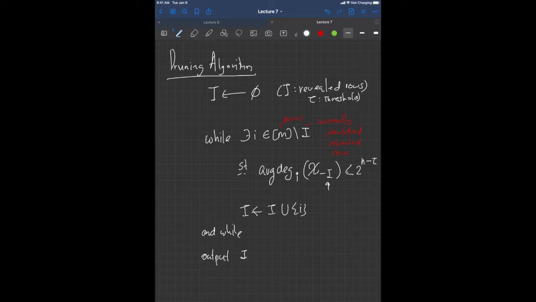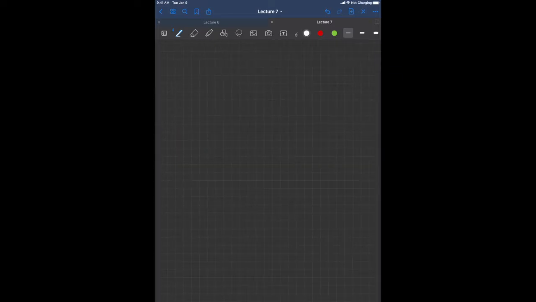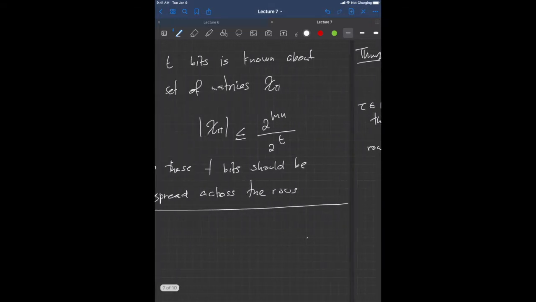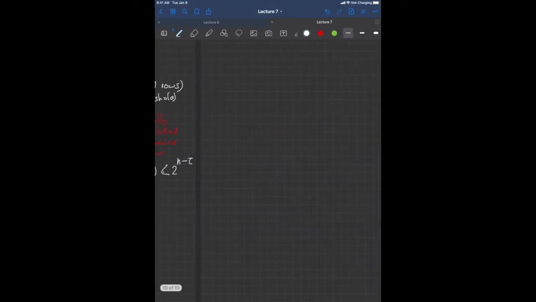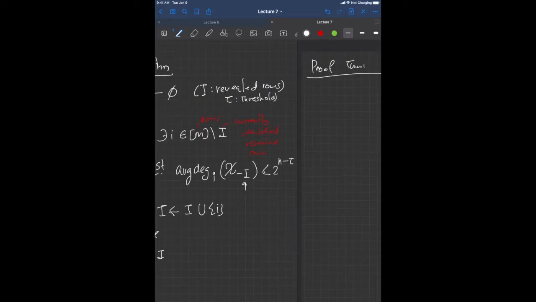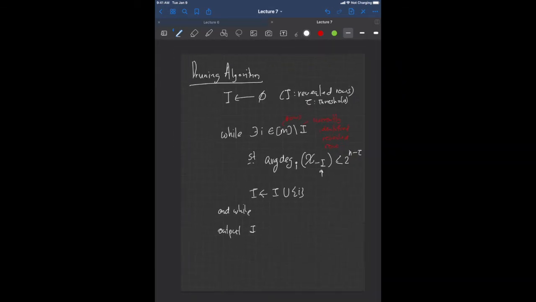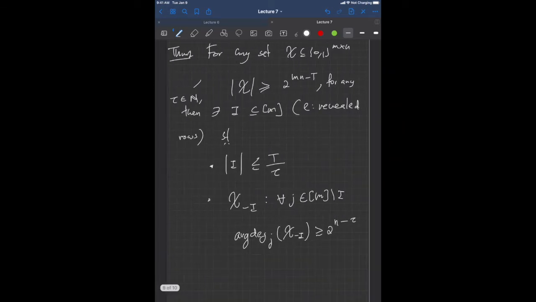So the proof of theorem 1. Let me call these property 1 and property 2.